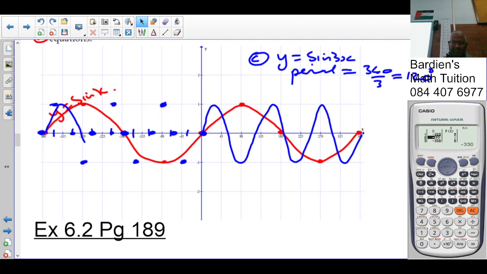Show the grid there. You want 1. Then the function, let's insert the sine graph. We're going to draw the sine graph, okay?